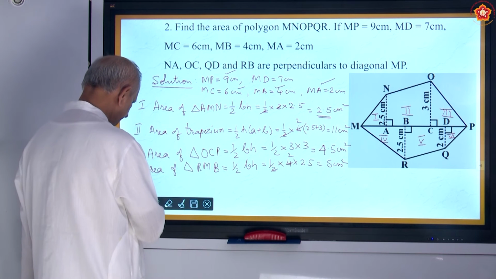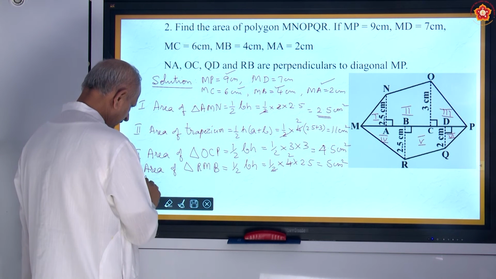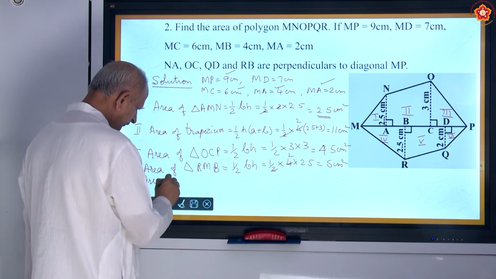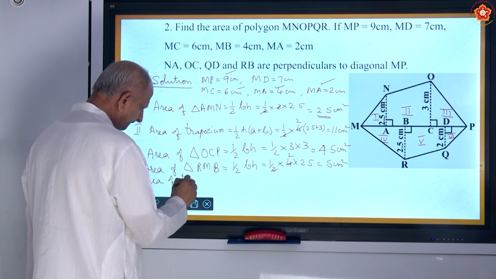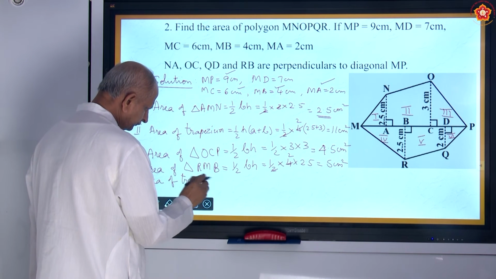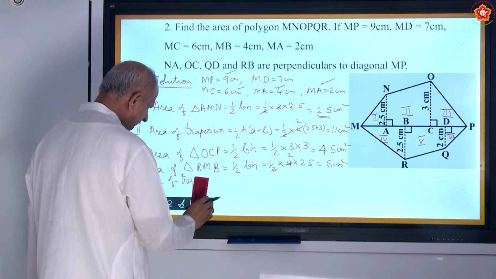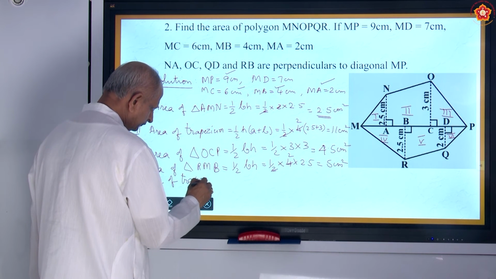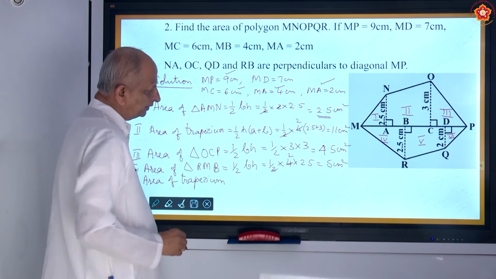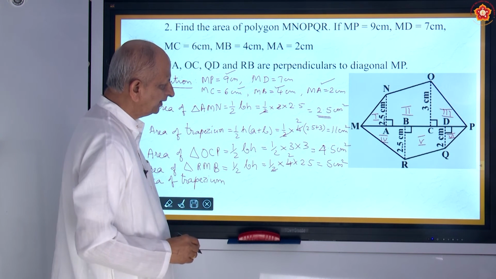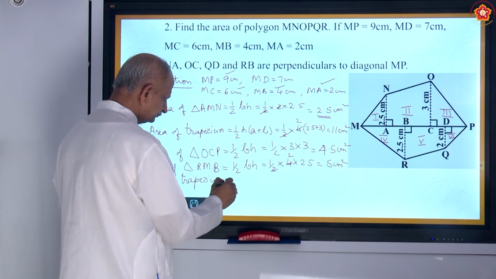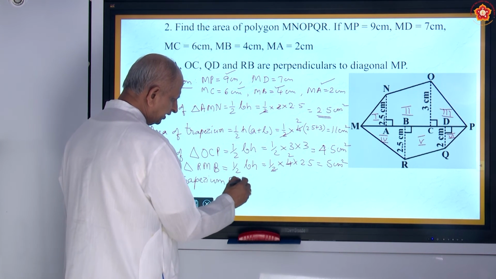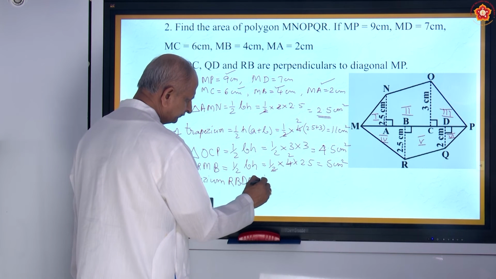Coming to the fifth one. Area of trapezium. What is the name of the trapezium? RBDQ. RBDQ. What is the formula?